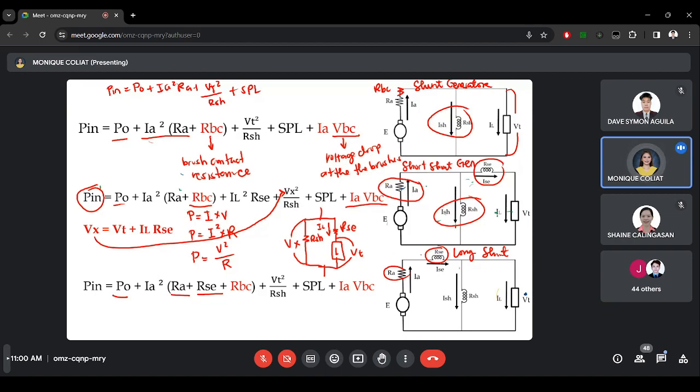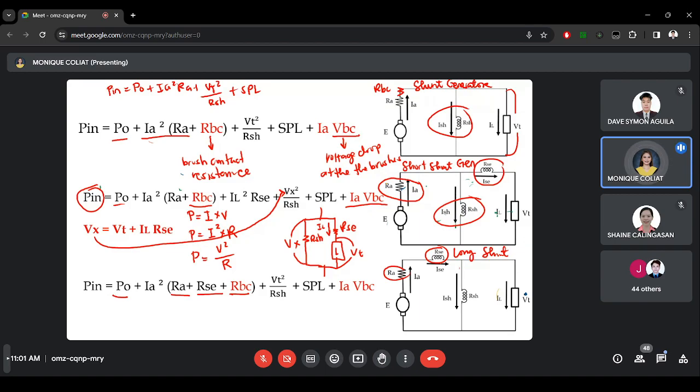That's why we have to add it here. Then if there is a brush contact resistance given, just include it here because brushes are always in series with the armature.